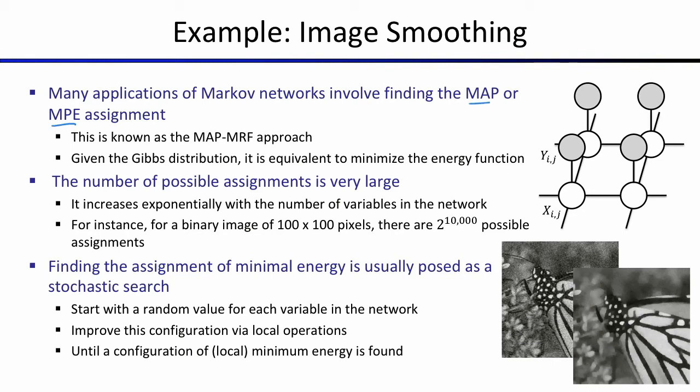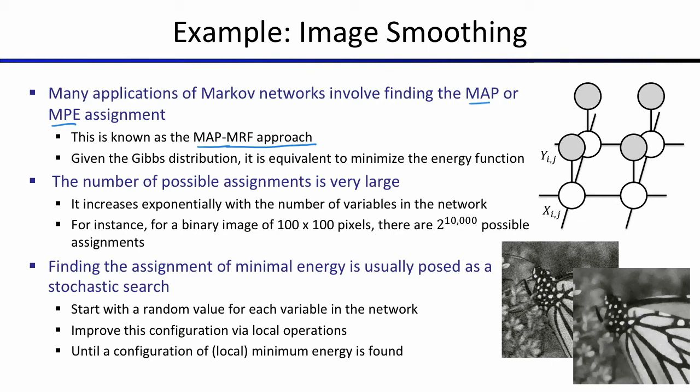So these are the assignments with the highest probability. This is so common that we call this the MAP MRF approach. Remember that MRF is Markov random fields. Basically it is the same as taking the Gibbs distribution and finding the assignment that has the minimal energy value. So we associate the minimal energy with the assignment with the highest probability.